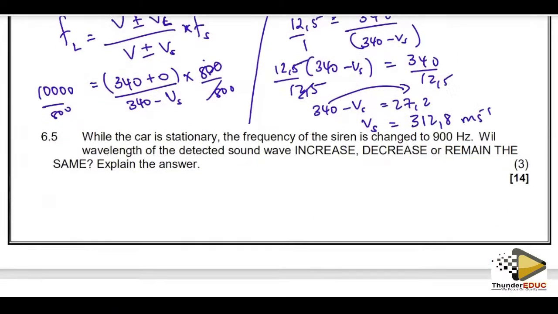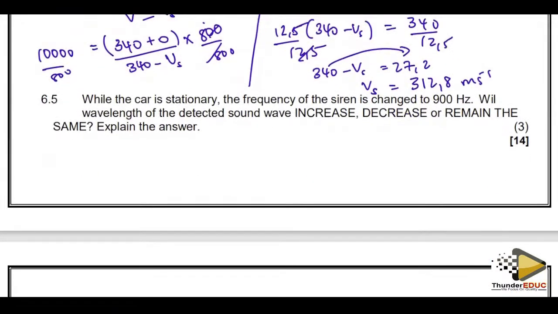Okay, then 6.5. I hope I did the right thing, guys. While the car is stationary, the frequency of the siren is changed to 900. They're asking us, will the wavelength of the detected sound increase, decrease, or remain the same?